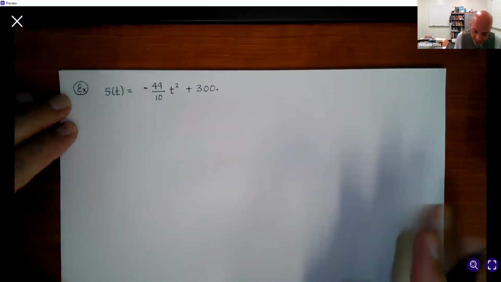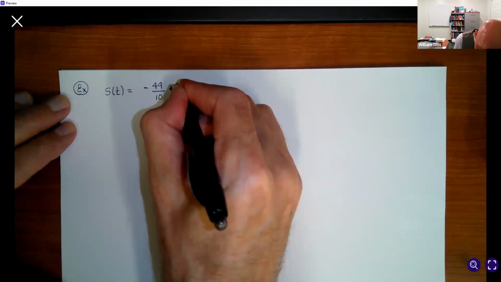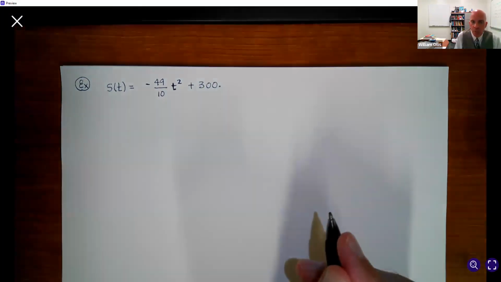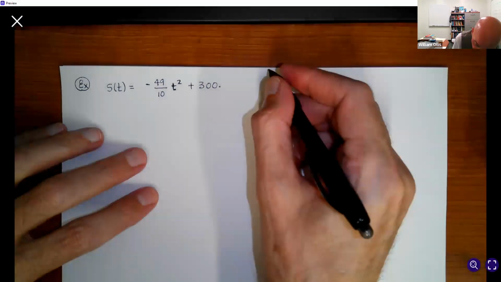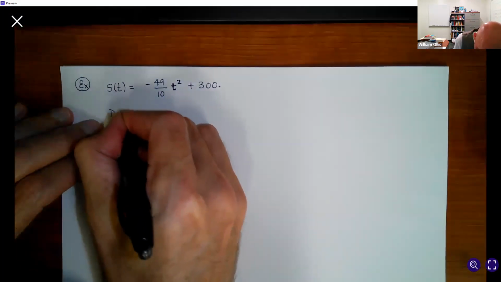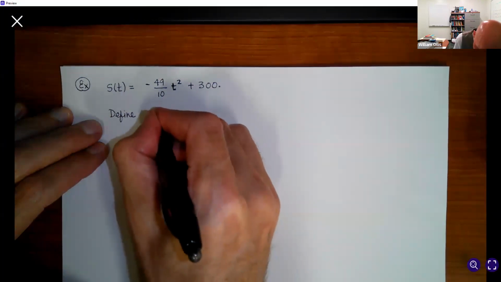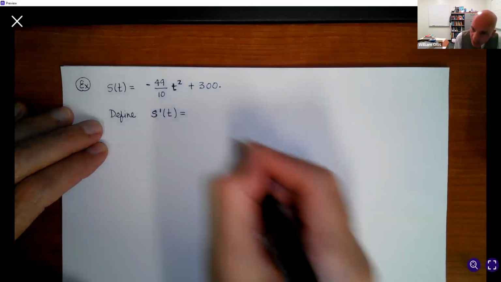Now, when you do physics, position function derivatives give you the velocity, but that'll come later. So right now, basically what we want to do in this example is define S prime of t, and when we get to this, this will make more sense, but this is going to be the derivative, but it's actually going to be a limit.